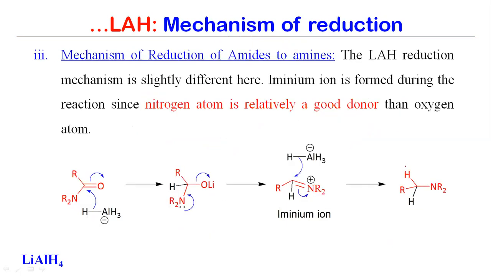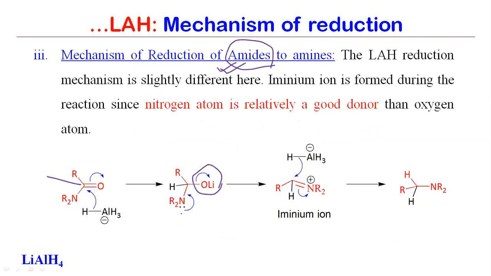All right. So this is the third important functionality which we are going to discuss now, the reduction of amides. And this is a little bit interesting and very different from the previous two, because here the first step is of course the same: the attack of hydride will take place on this electrophilic carbon to generate this intermediate species.